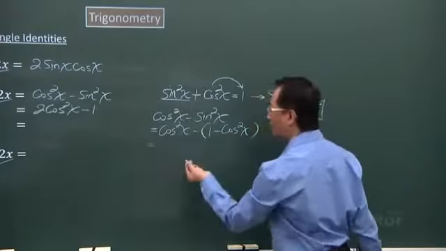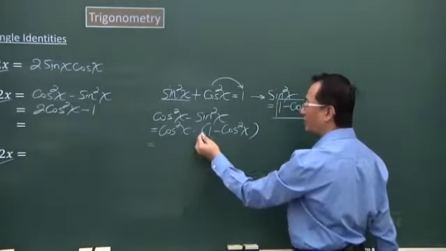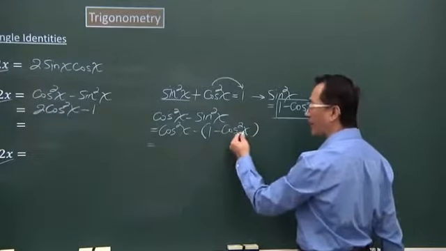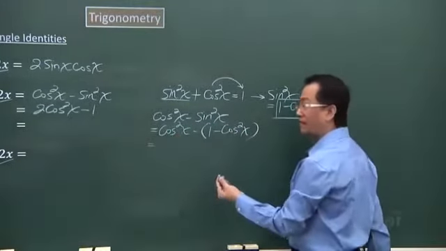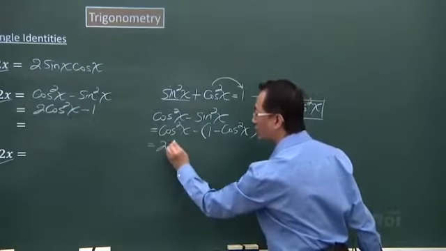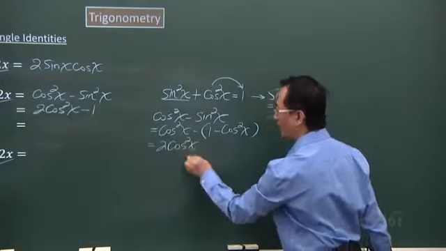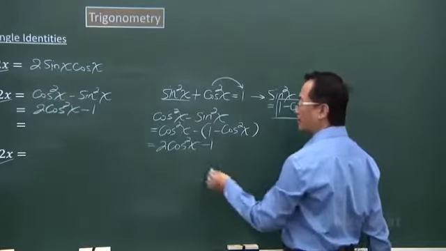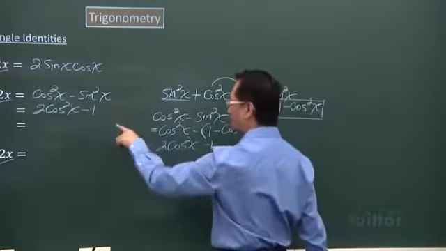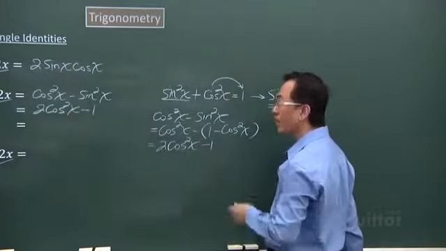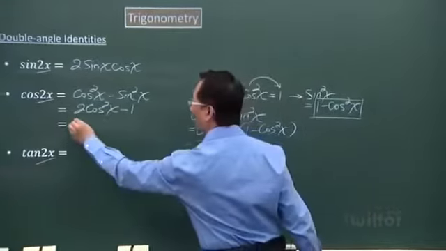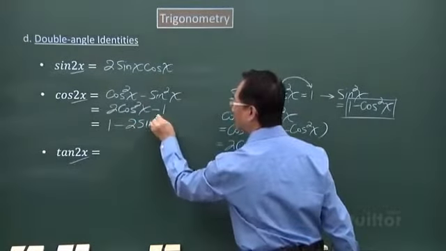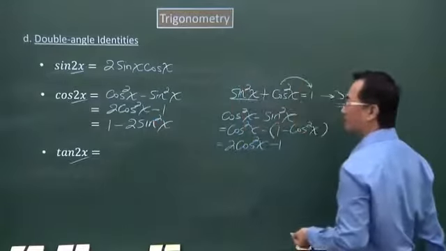So because negative and negative gives you a positive cos squared x, you have a cos squared x plus another cos squared x. You get 2 cos squared x minus 1. There you go, you have this expression. The other one is just 1 minus 2 sine squared x.